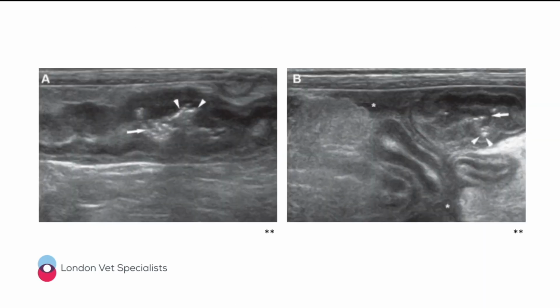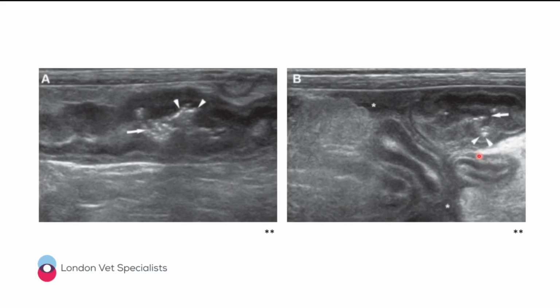These are some examples of small intestinal ulceration, again taken from Dominic Pennick's ultrasonography textbook. In A, we can see that we have thickening of the wall of the small bowel, as well as permeation of the wall with gas. So these little arrowheads are pointing to gas that's extending into the wall of the small bowel.